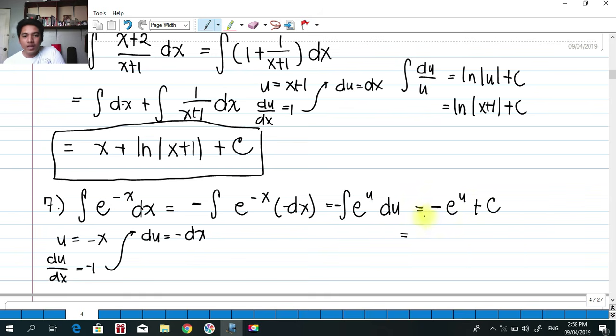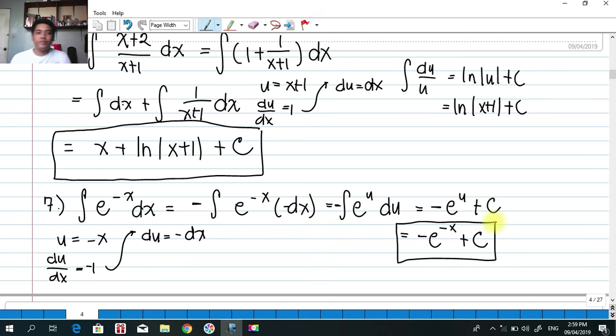So the negative came from the fact that we have a negative outside of the integral. Back substituting, that is negative e raised to u, and our u is simply negative x, plus c, and that should be our integral.